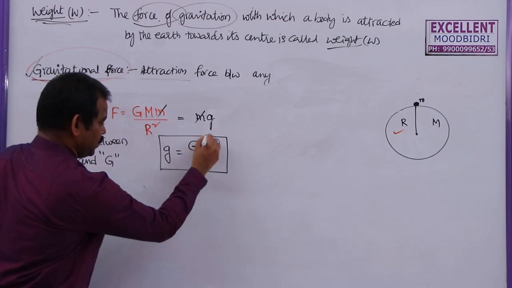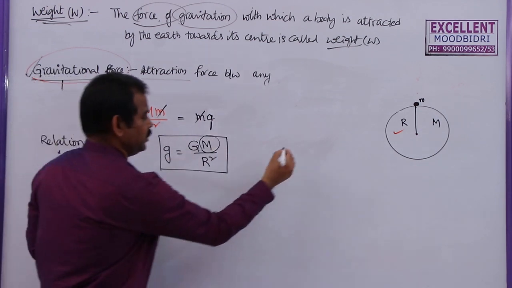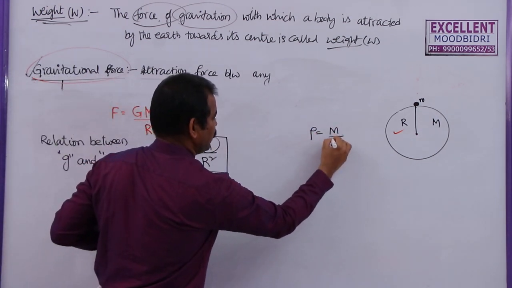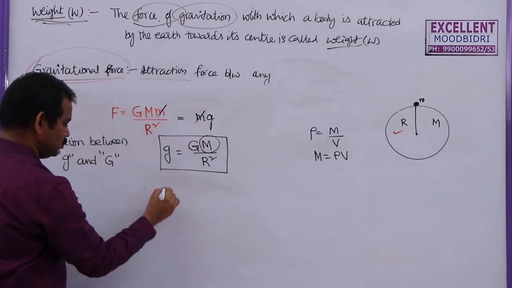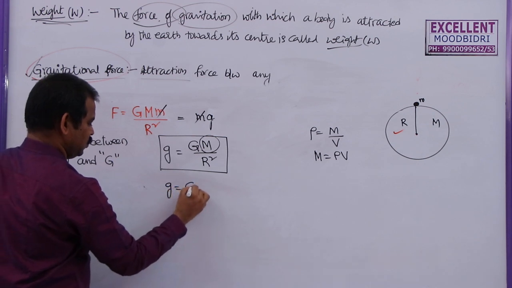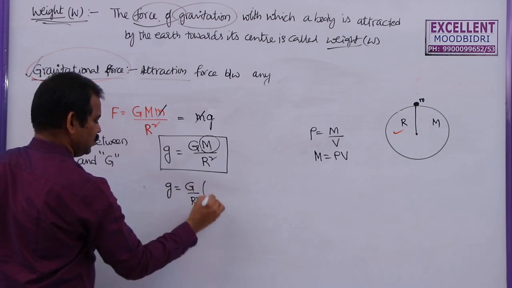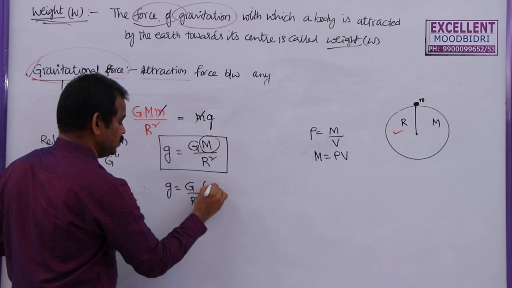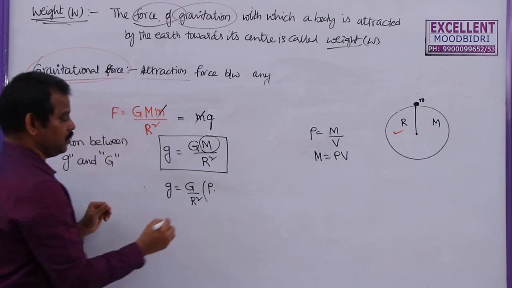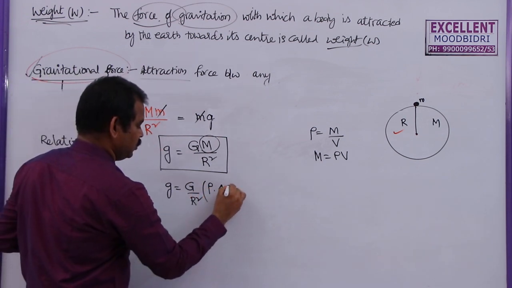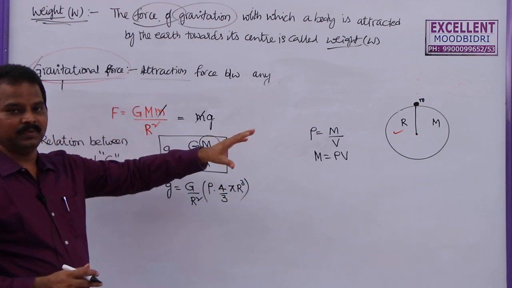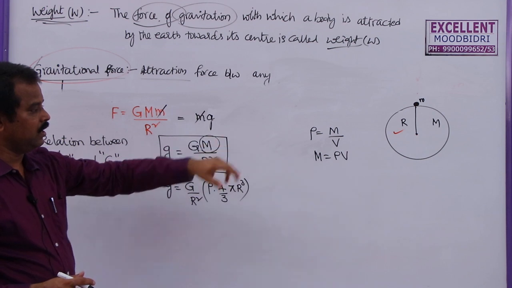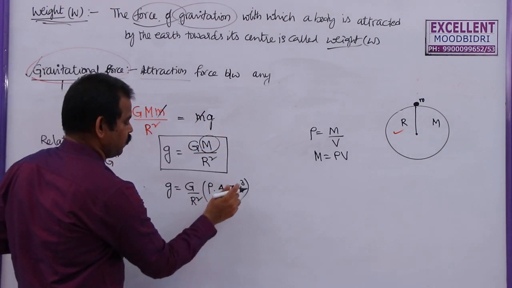This mass of the earth can also be written as, we know that density is equal to mass by volume, so mass of the body is equal to density into volume. So this can also be written as small g is equal to capital G by r square, and mass of the body is equal to density into volume. What is the volume of the body? 4 by 3 pi r cube. We know that earth is not exactly a sphere, but if you consider earth as a sphere, then the volume of the sphere will become 4 by 3 pi r cube.